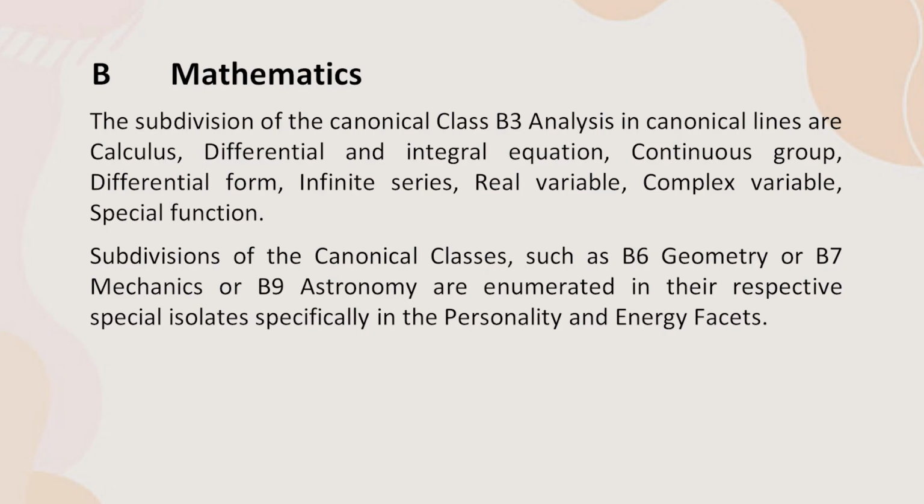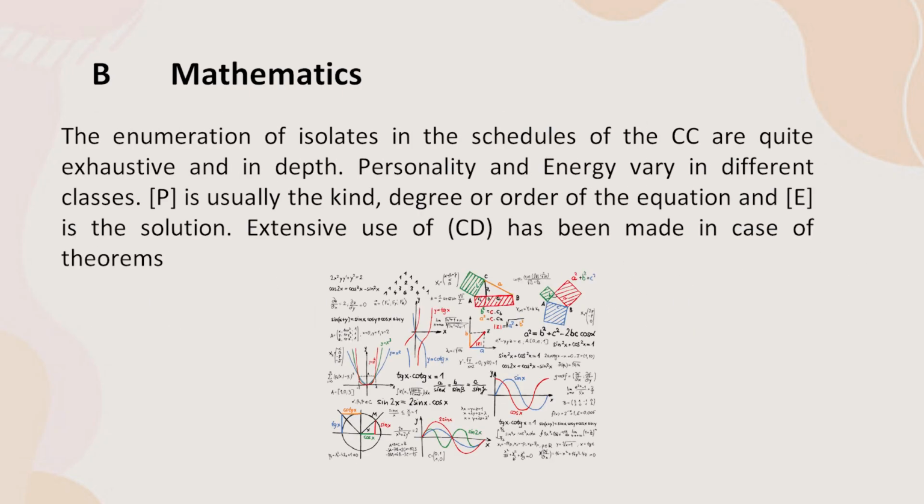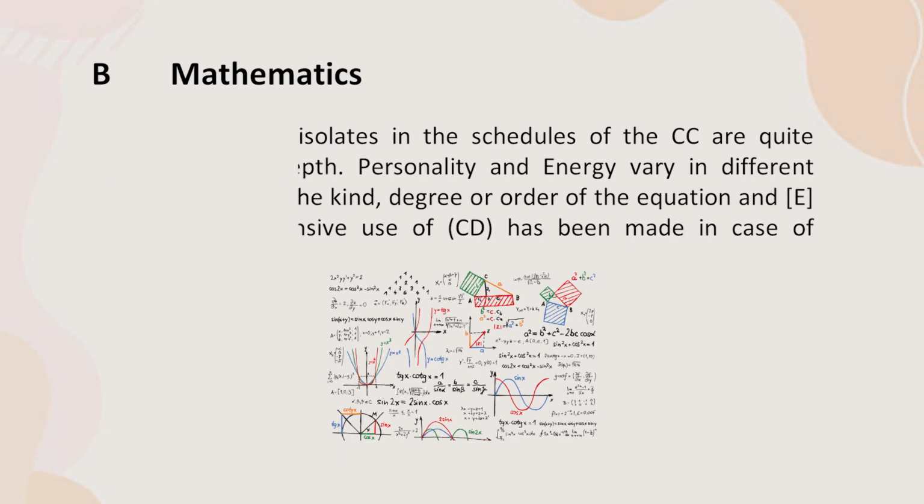Personality and energy vary in different classes. Personality is usually the kind, degree or order of the equation, and the energy facet includes the solution, etc. Extensive use of chronological device has been made in case of theorems.